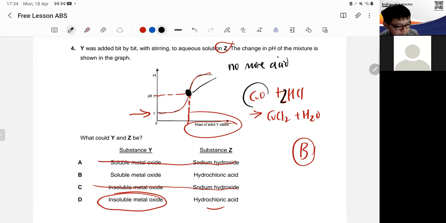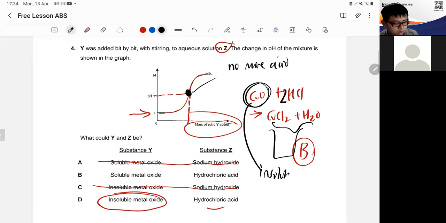If I were to keep adding more into a beaker or conical flask containing only salt and water and no acid, that insoluble CuO cannot dissolve anymore. So why would that cause the pH to increase? Flip it around, and what if I use a soluble metal oxide, such as Na2O? The same logic happens.